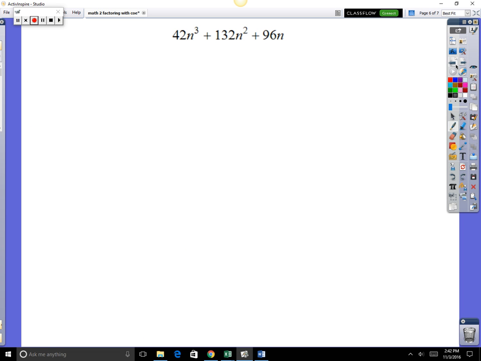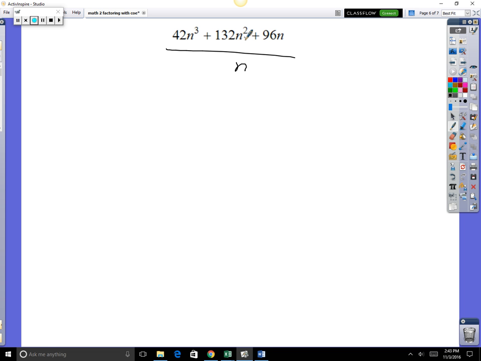Okay, one more. Let's do 42n cubed plus 132n squared plus 96n. Okay, that looks pretty big, so try and shrink it down. I know you can take an n out of each term. They're all even, so I can cut them in half, but you want to go as much as you can. So 42, start playing around. 42, you can divide by 6.